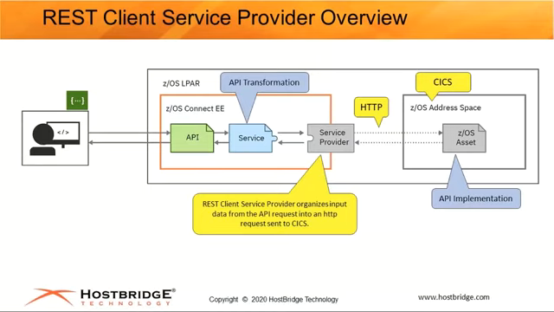Something's going to implement the API. The difference is that with the REST client service provider, the input data from the API request is going to be organized as part of the body content or query parameters that are passed to the address space. In this case, it would be CICS.